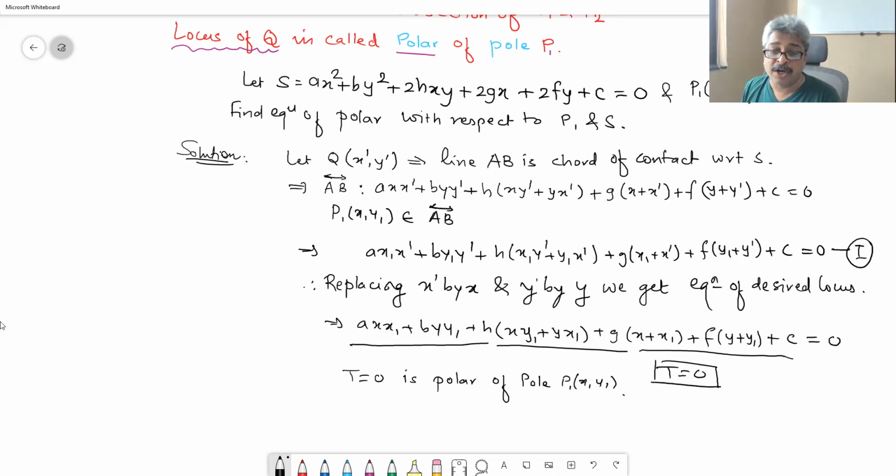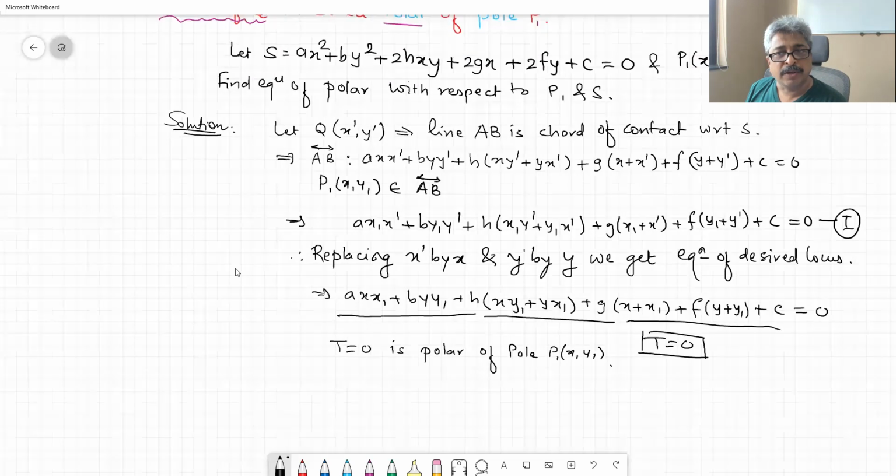So far we got the equation the same. We were not aware that polar is the chord of contact. But now having learned the equation, it is the same in conic sections at least. In conic sections, polar is the same as the chord of contact, T is equal to 0. Very good question. Okay.